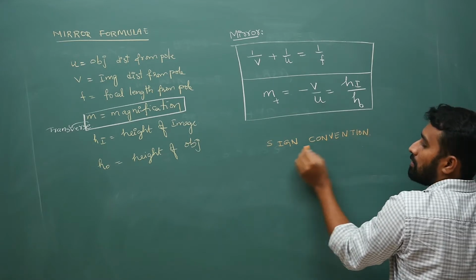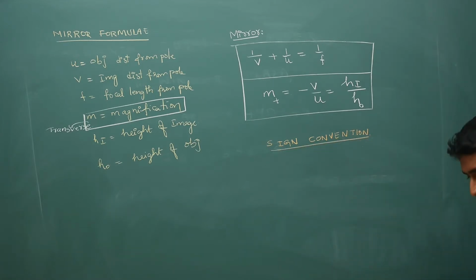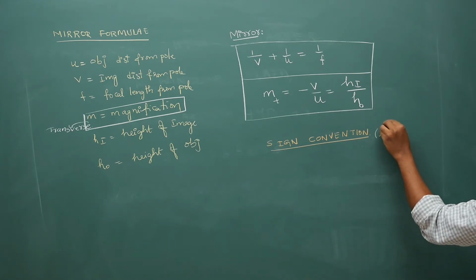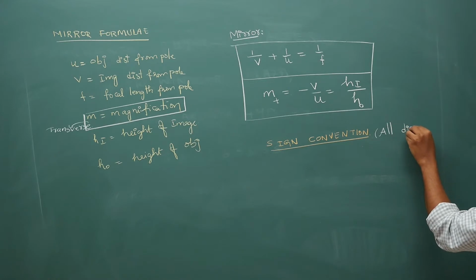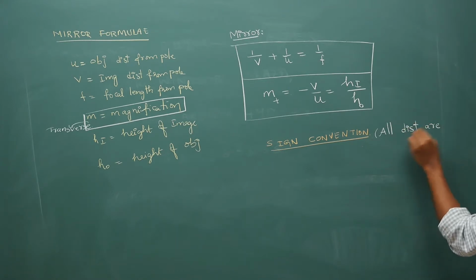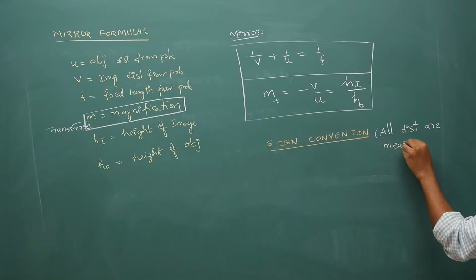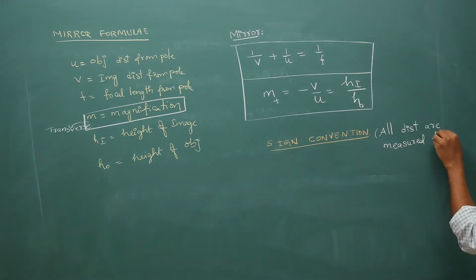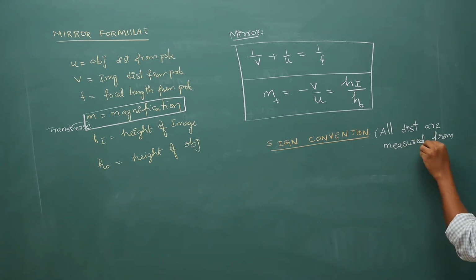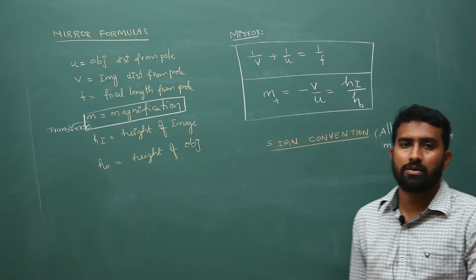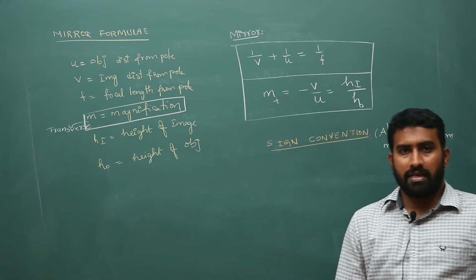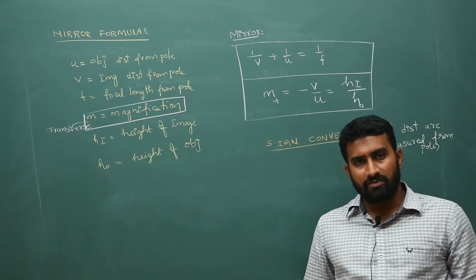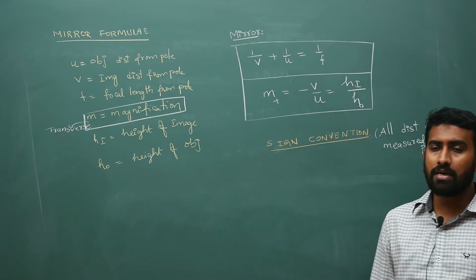The first and most important rule is that all distances are measured from the pole. Irrespective of whether the mirror is concave or convex, whatever distance you take, you start from the pole and then do the calculation.